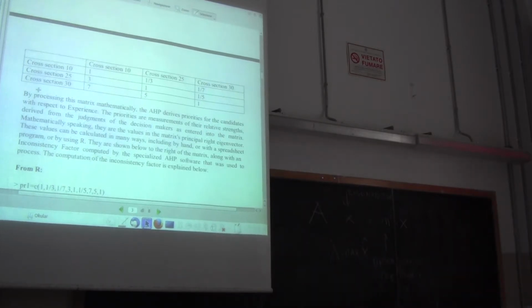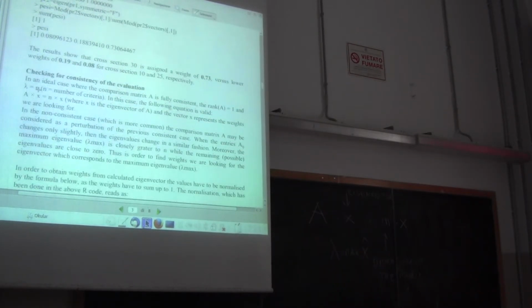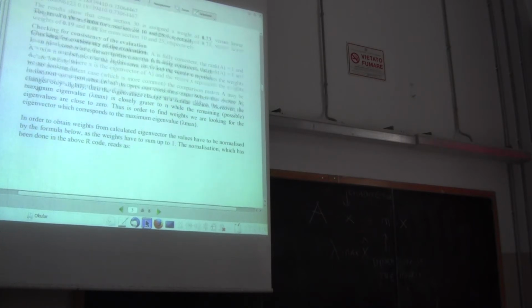Okay, now, how can we check then the consistency? So in an ideal case, when the matrix is fully consistent, if you read here, we see that the eigenvector represents the weights we are looking for. If we are not consistent, basically the matrix A can be considered as the perturbation of a consistent matrix.